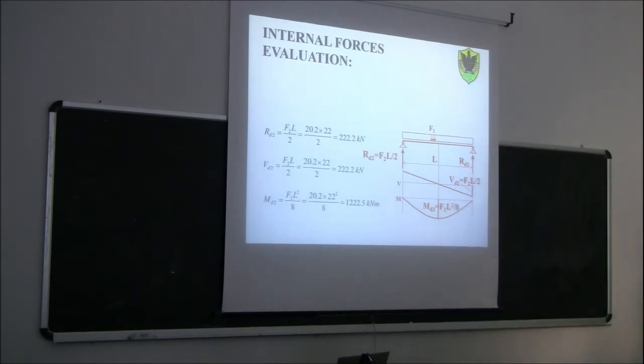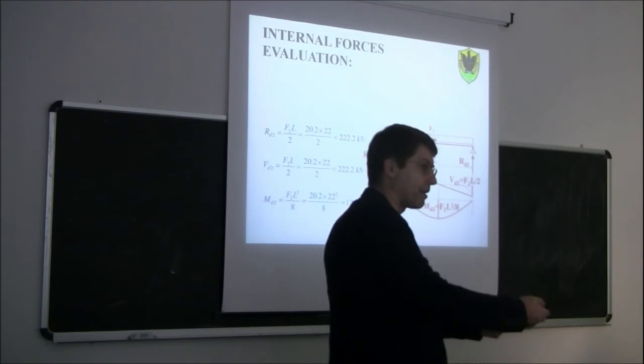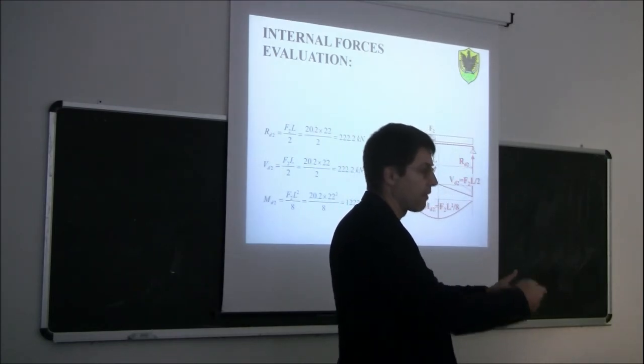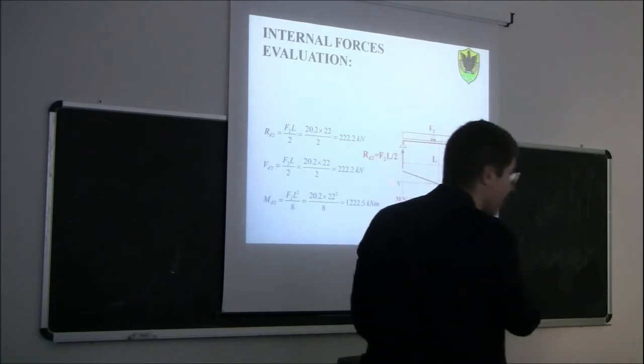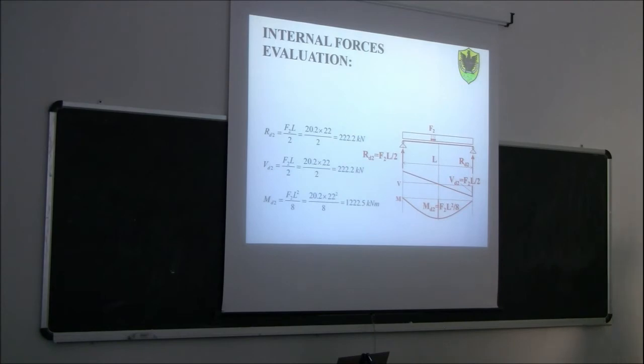Then if you need some ductility, you design the area of the compression reinforcement. And in the end, after you do the cross-section, you need to calculate the bending moment capacity of this cross-section to compare it with this value here. So the bending moment capacity of your design shall be greater than or equal to this value here. Okay? This is what you would do now if you were using reinforced concrete.